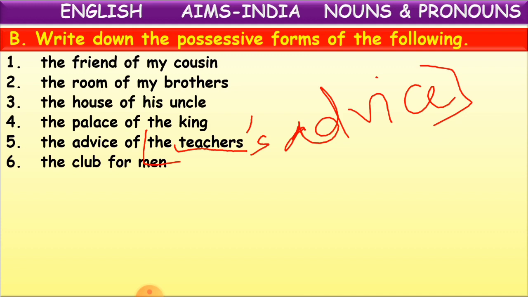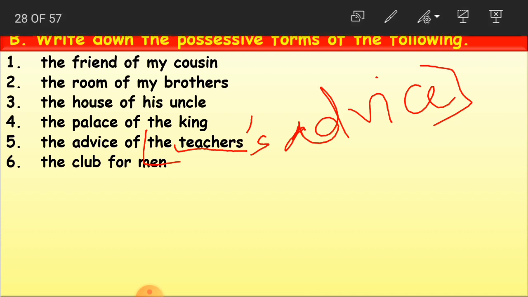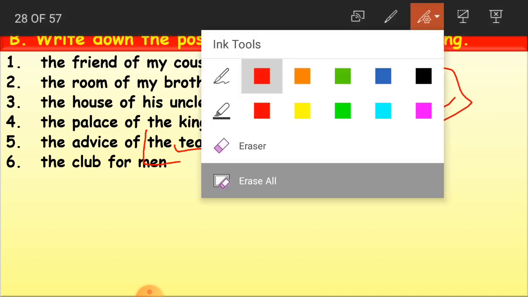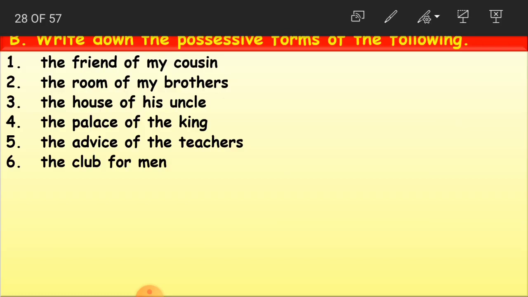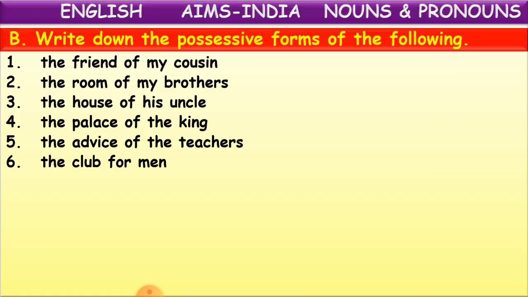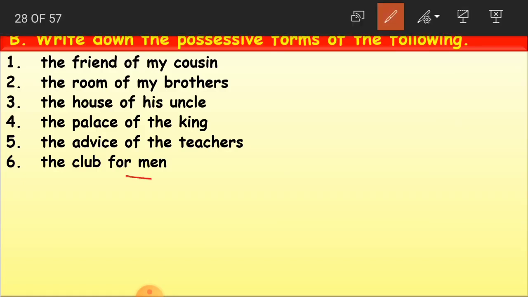We'll go to the other sentence now. The club for men. See, children, if you observe, man, men. The noun is men here. The singular form is man, and the plural form is men. Even though this is plural, it does not end with s.